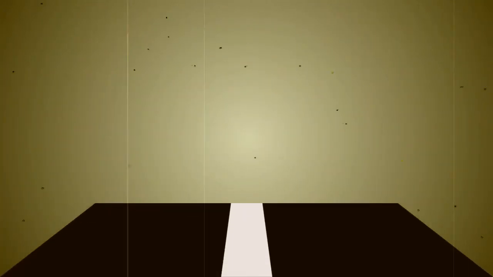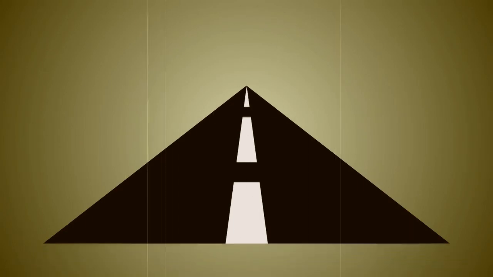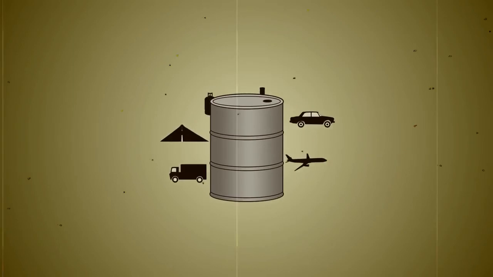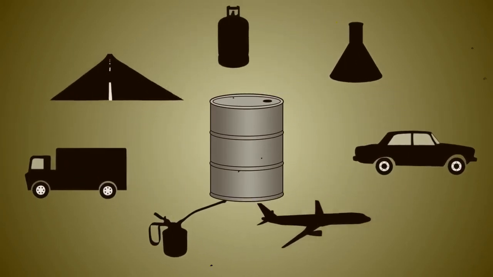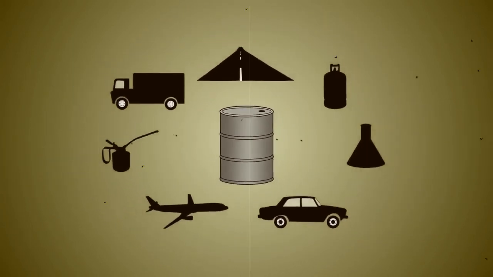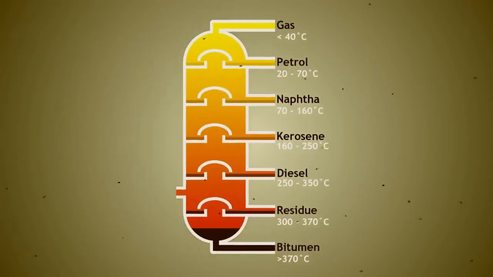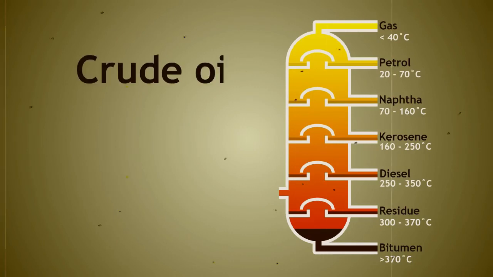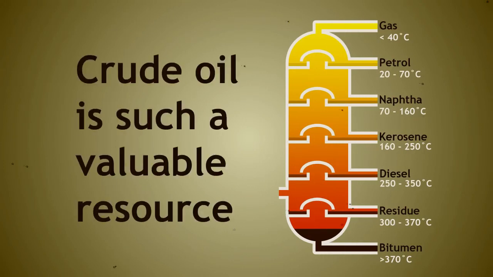Even the bitumen used to surface and resurface roads around the world. As you can see, crude oil contains many useful products that just need to be separated from the crude oil mixture. Now, at the end of this lesson, you should have a better understanding of why crude oil is such a valuable resource and the use of each of the main fractions.